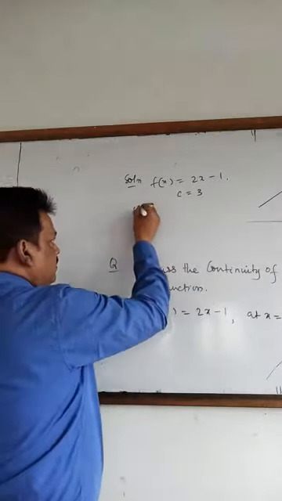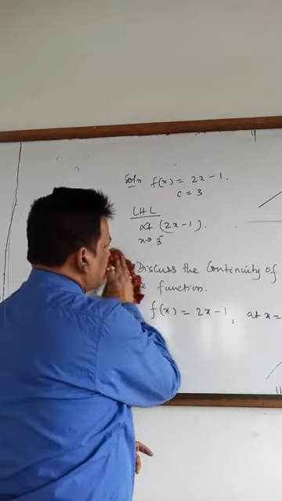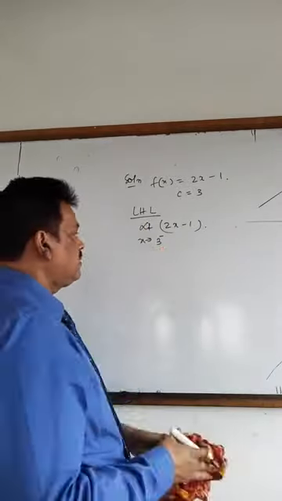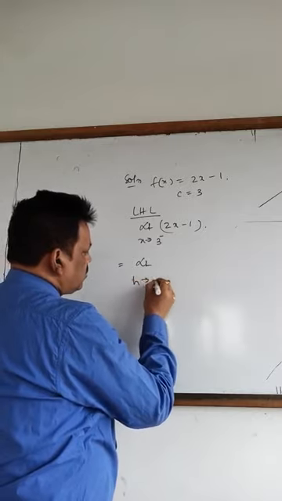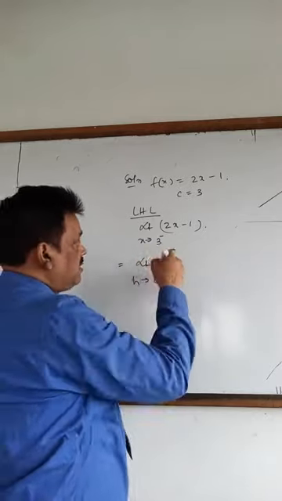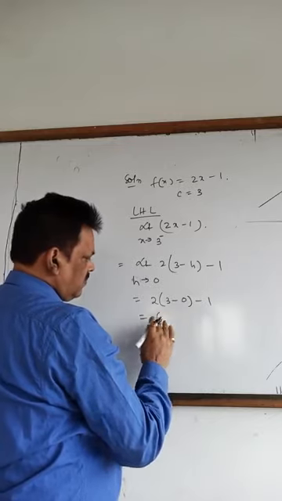So what is the procedure I told you? The procedure you have to remember here. Whenever it is a left hand limit, you have to calculate in this way. Limit h tends to 0. This becomes c minus h. C minus h means your x becomes 3 minus h, then minus 1. Now put h equals 0 here. That will be 2 times 3 minus 0 minus 1. That is 5.